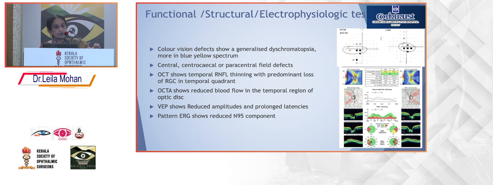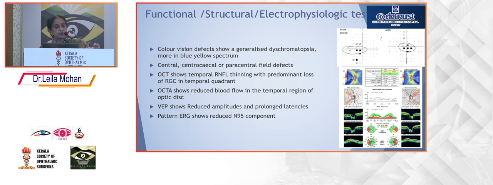Color vision defects show a generalized dyschromatopsia, more in the blue-yellow spectrum, unlike most optic nerve diseases. Central, centrocecal, or paracentral field defects are seen, as we have already seen in optic neuritis. OCT shows temporal RNFL thinning with predominant loss of RGC in the temporal quadrant, and OCT angiogram in recent years has shown reduced blood flow in the temporal region of the optic disc.